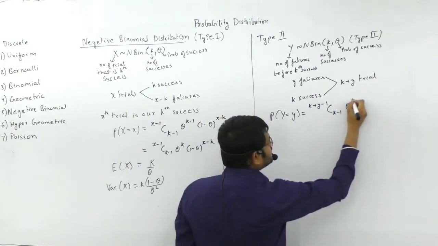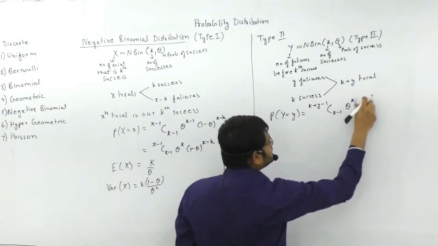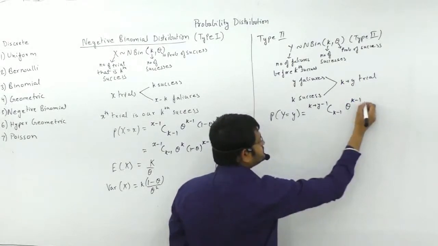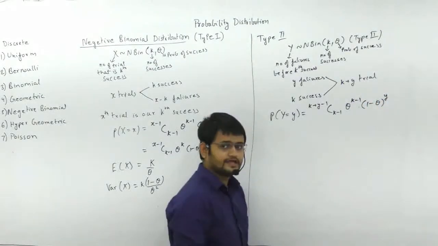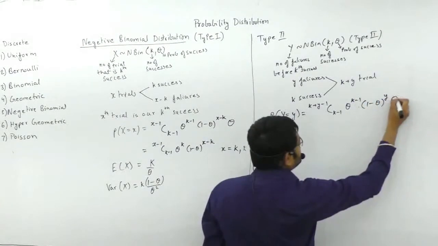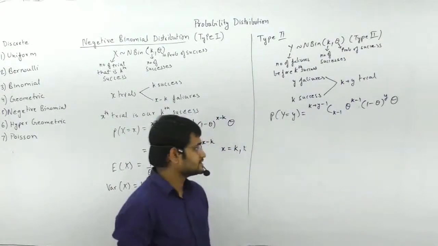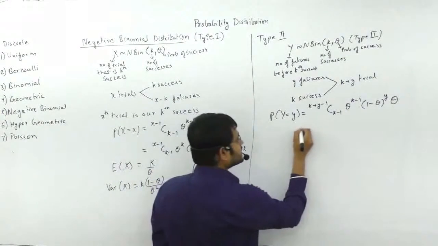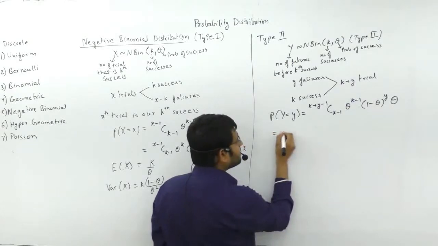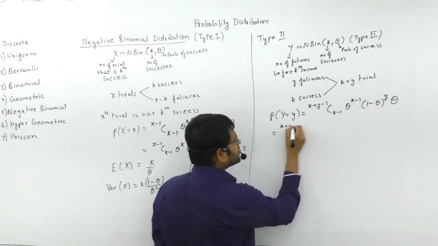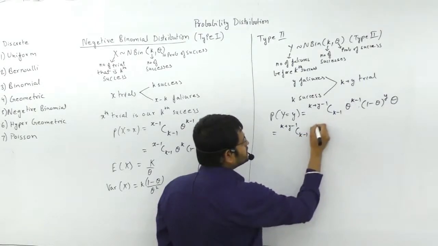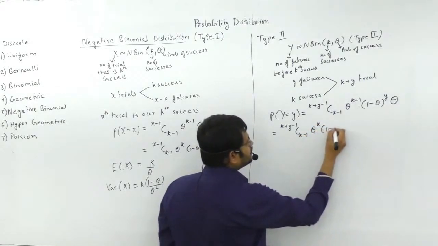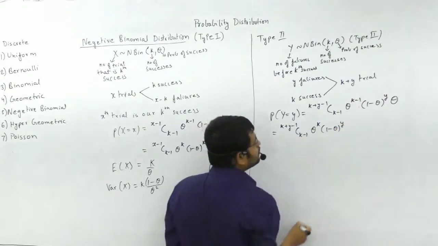Then I will arrange k minus 1 successes, I will arrange y failures, and lastly I will have a success. So I can write this as (k plus y minus 1) C (k minus 1), theta raised to k, (1 minus theta) raised to y.